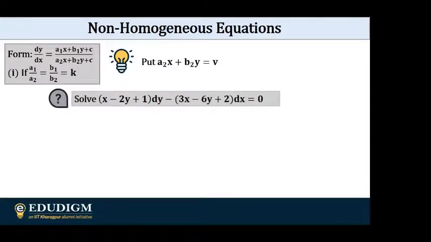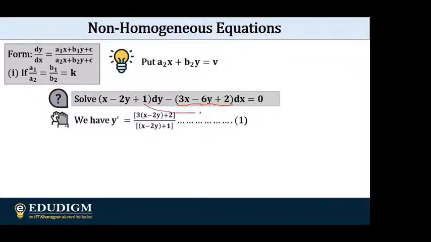Whenever you think about a particular form, there's this one into dy minus this into dx equals 0. First of all, see the form of dy/dx. See whether you have the particular form and the particular condition or not. So dy/dx will be this one. I have written this directly. So dy/dx will be actually this divided by this.